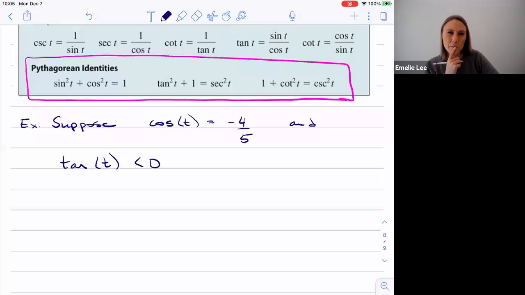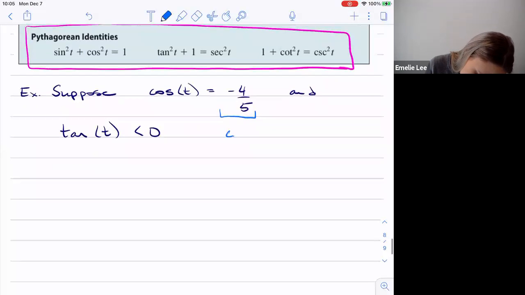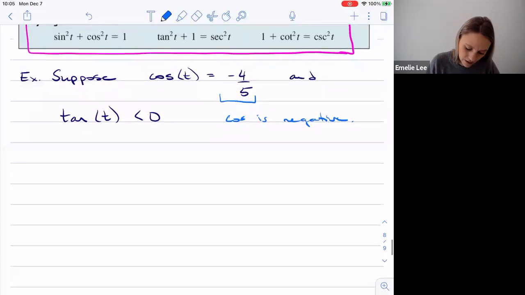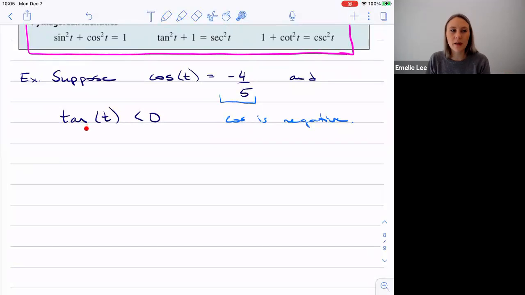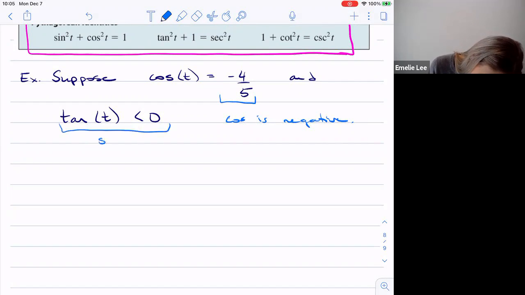Okay. What does this tell me? So here, I know that the cosine is negative and the tangent is also negative. So cos is negative. So remembering that the tangent is sine over cosine, right? So sine t over cos t is also negative.